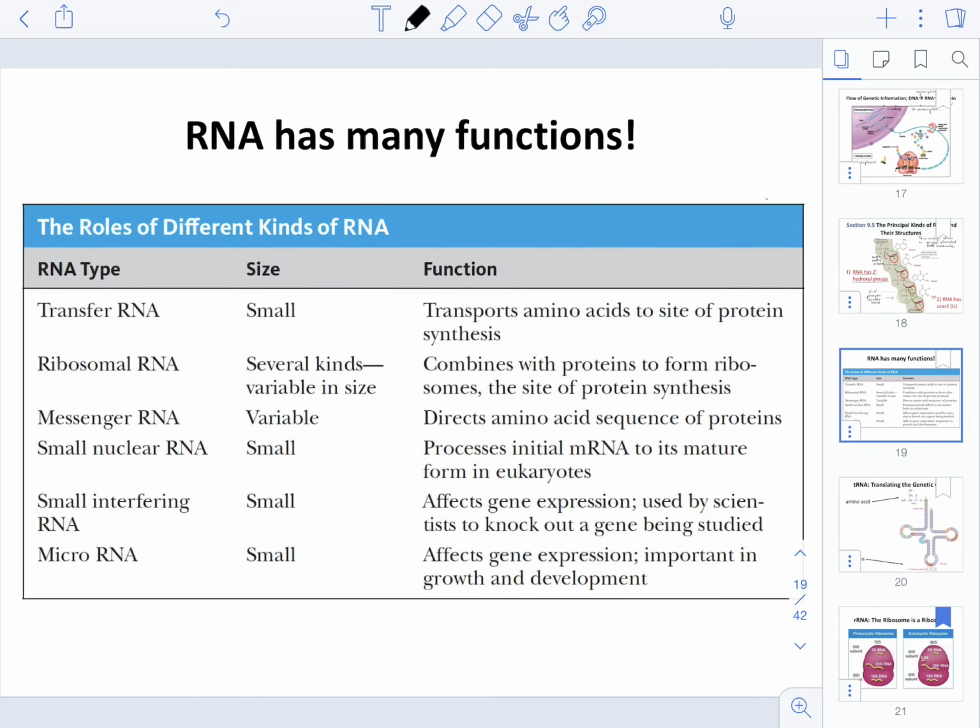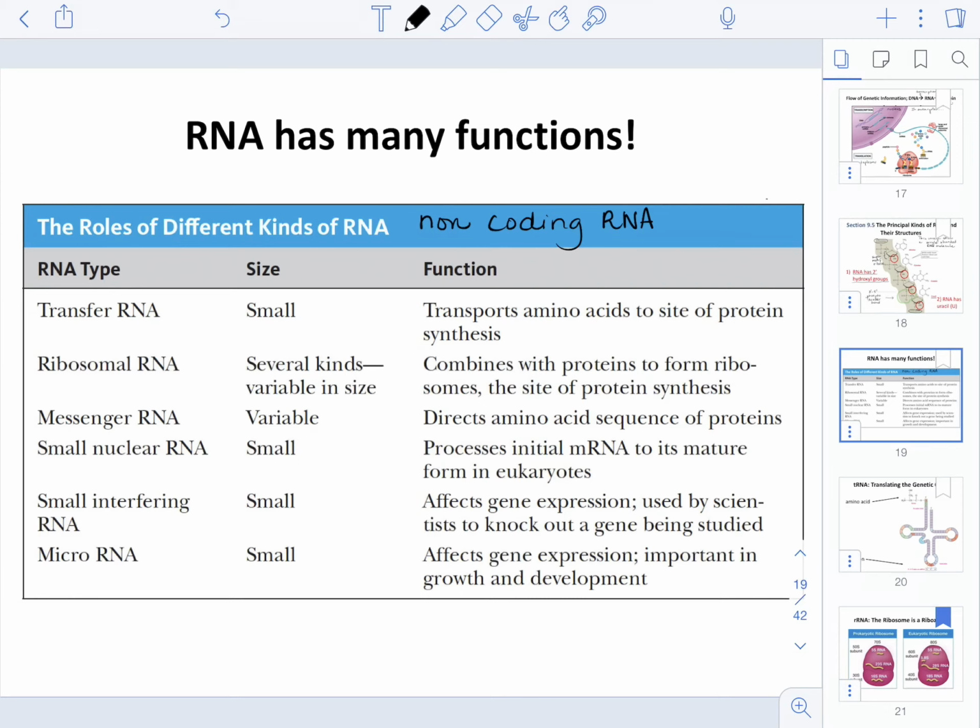Now, RNA has many functions, and the molecules that we have outlined in this table are just RNA molecules. These RNA molecules are what we call non-coding RNAs because they do not transform from RNA to protein.